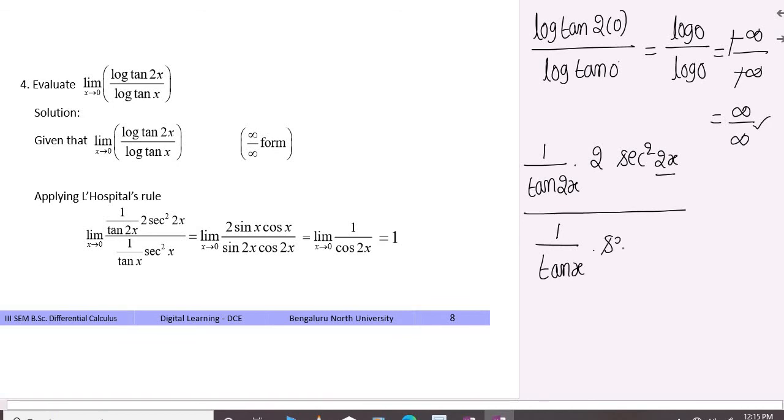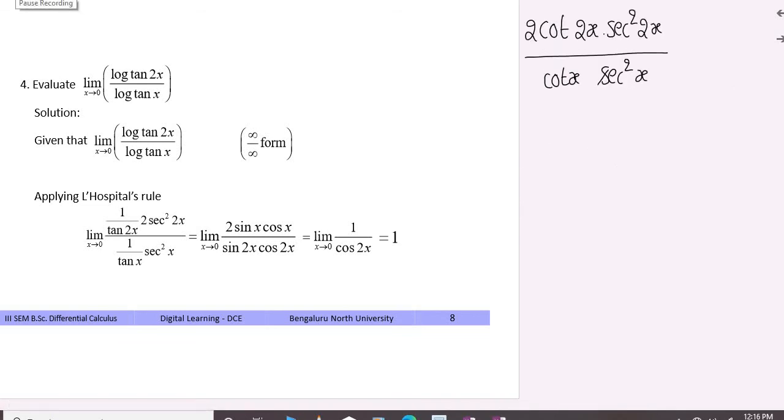Tan x differentiation is secant square x. Now we are going to convert this term into sin x and cos x. Rewriting this term, we get 2 times cot 2x into secant square 2x divided by cot x into secant square x.